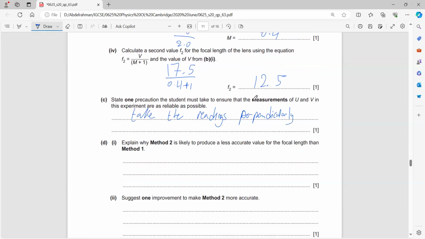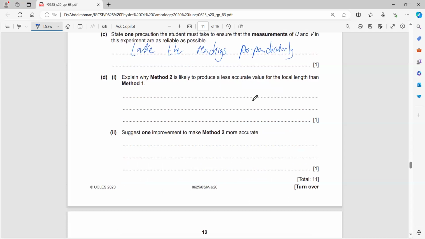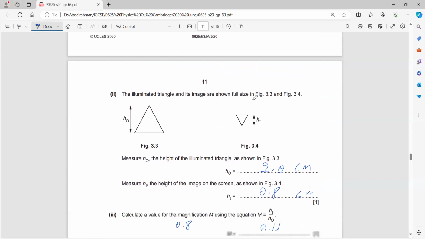Explain why method 2 is likely to produce a less accurate value for the focal length than method 1. Why is method 2 probably going to give us a less accurate value? Measuring the height. Yes, that's actually correct. Because measuring the height of H0 and H1 is more difficult.